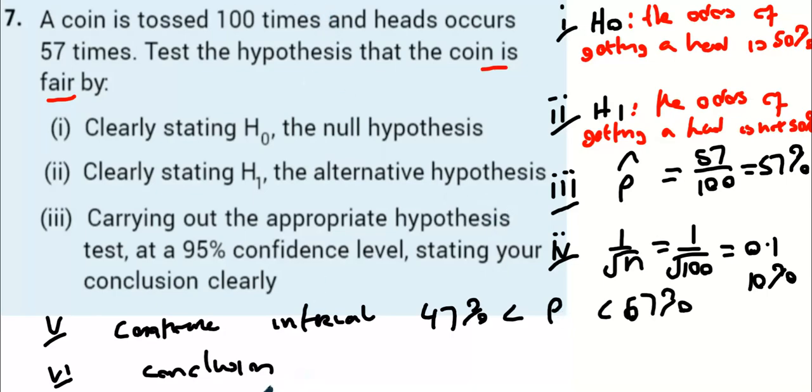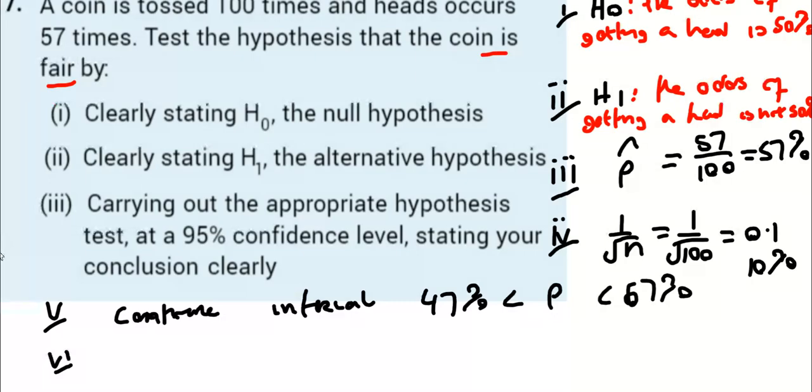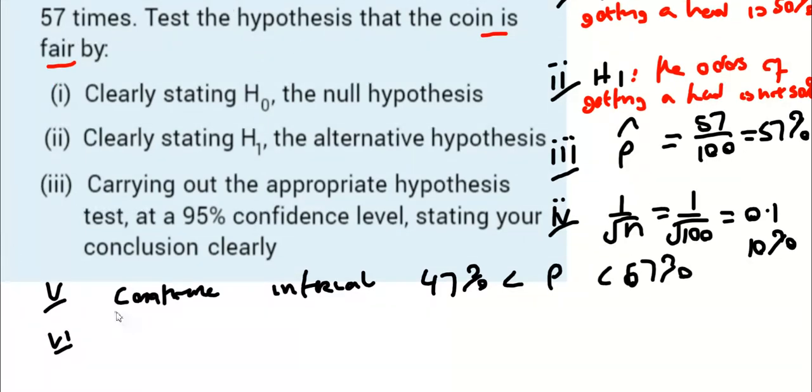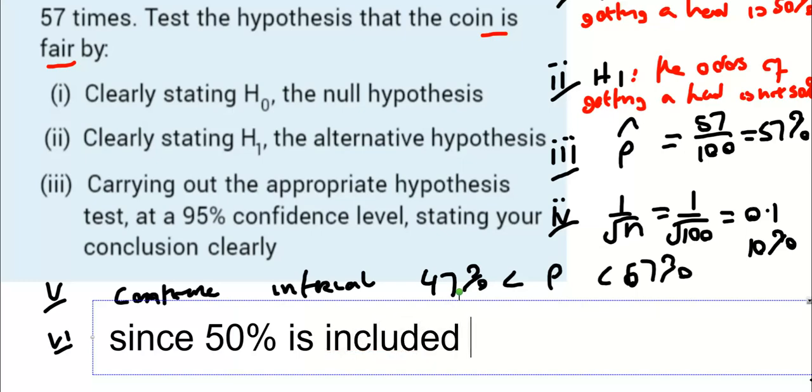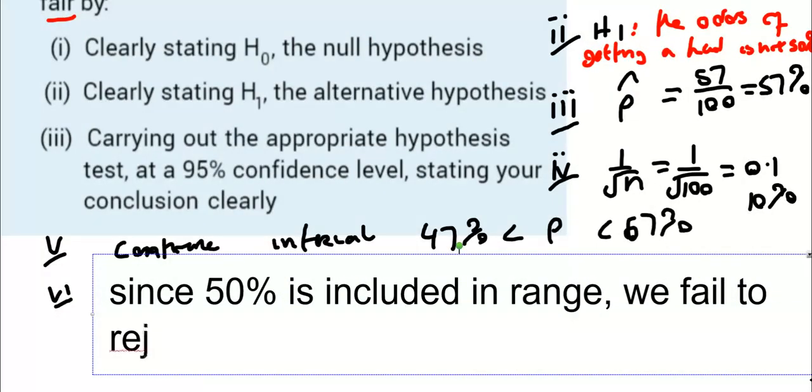So what do you have to write at the end? I'll type it out for you. Okay. So what do we reckon as the conclusion? Since 50% is included in their confidence interval, or since 50% is included in the range, we have to use the language: we fail to reject the null hypothesis.